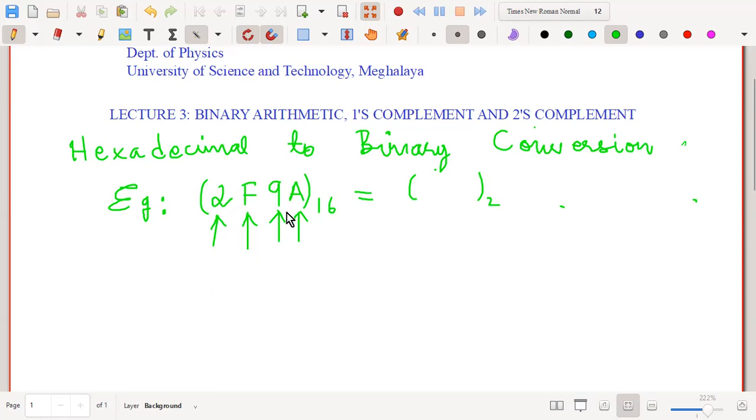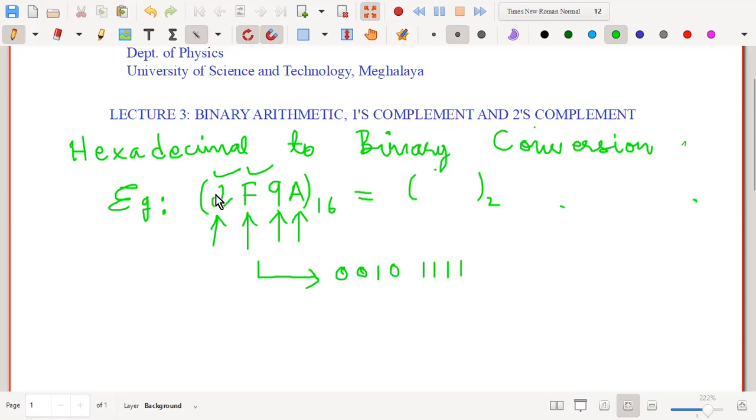Now, to represent this in the binary number system, we start with 2. 2 in binary is 0010. Then F, which if you remember is 1111. Each hexadecimal digit is represented by 4-bit binary information.